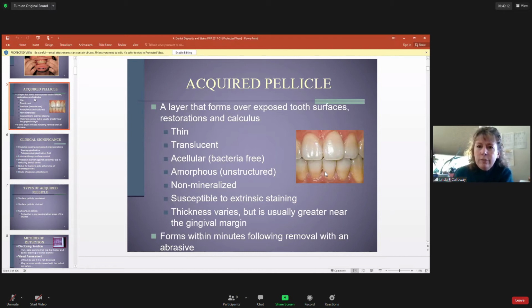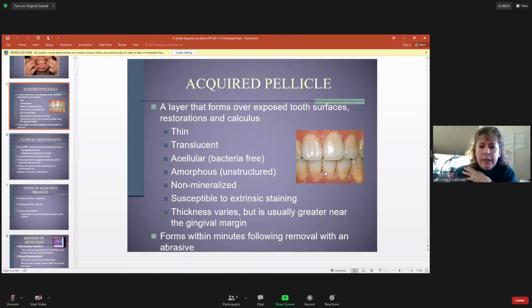So it's important for you to know everybody has acquired pellicle, and in its most virgin form, it has no bacteria. By nature, the term acquired pellicle means bacteria-free. Okay, so you need to understand that and know that. Acquired pellicle is bacteria-free. It's thin, it's translucent.